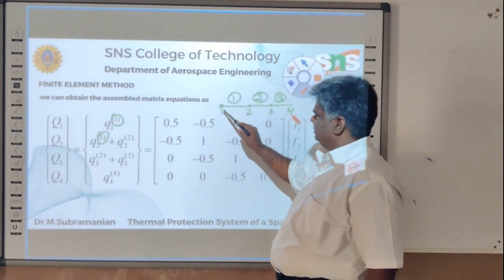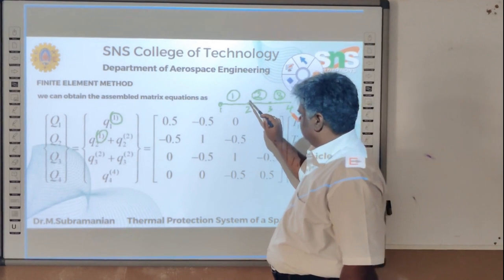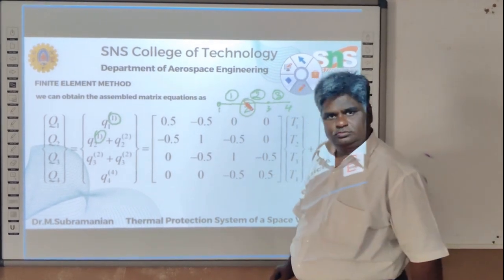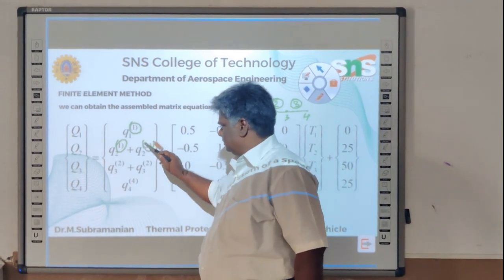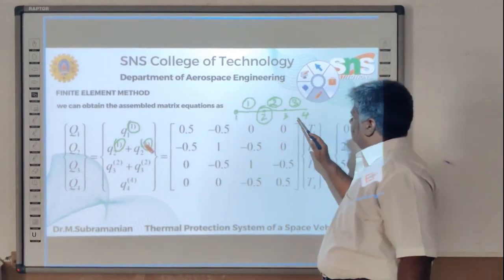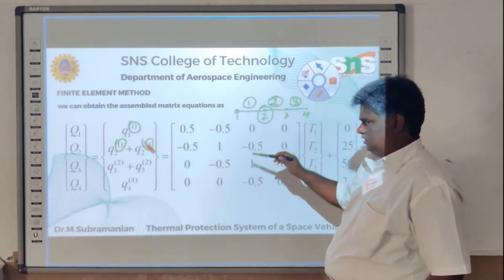Element 1 is connected to nodal point 2, and element 2 is connected with node 2 also. That's why element 1 then element 2. Similarly, element 3 is connected to node 3, and element 2 is also connected with this.